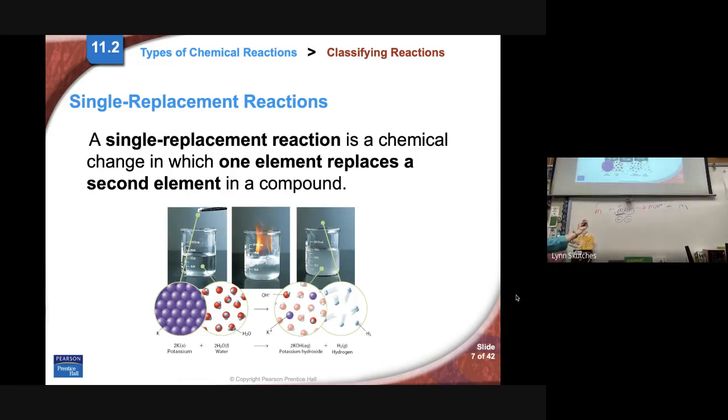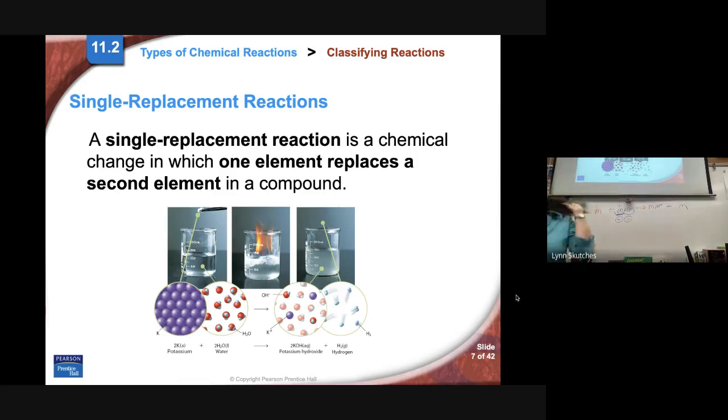So it's a single element and a compound, different single element, different compound. And in this case, it's potassium and water making potassium hydroxide and hydrogen gas.